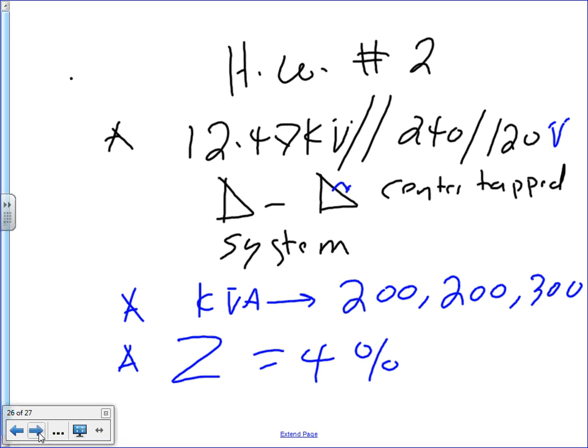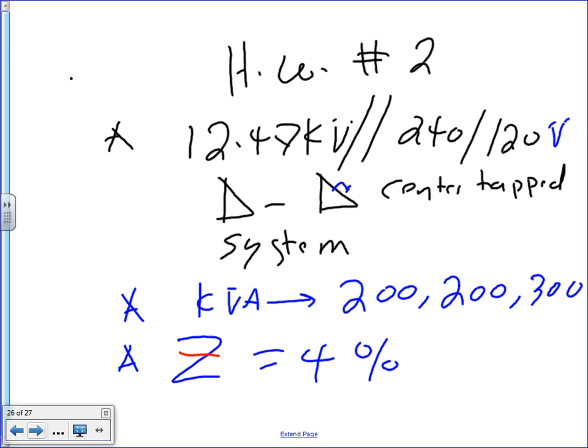We have a delta center tap, at 12,470 volts, 240/120 on the secondary. The transformers are 200, 200, 300. The impedance Z is 4%, and you, my friends, are going to do these 14 things for your final check.